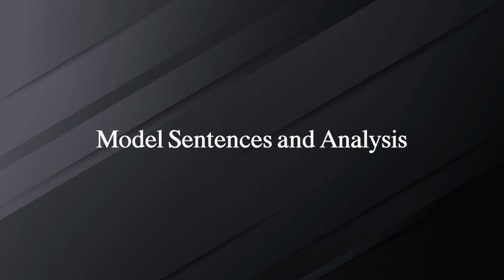Now that we understand the why and how, let's look at the vocabulary that makes these sentences come alive and examine the model sentences to see these reflexives in action. Model sentences and analysis.